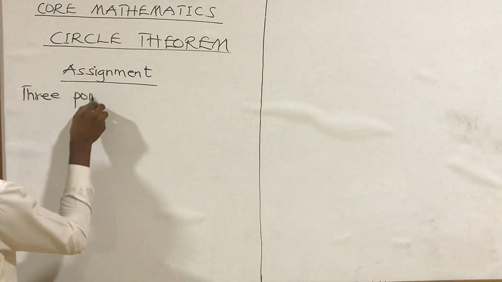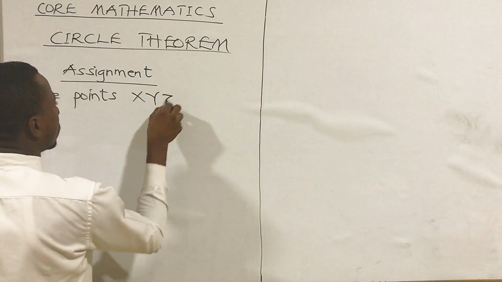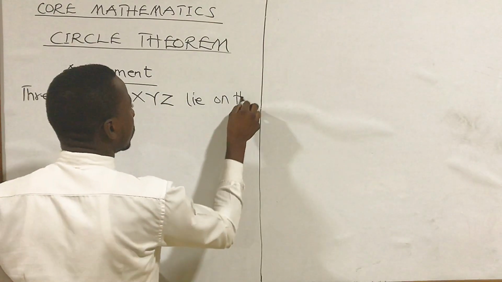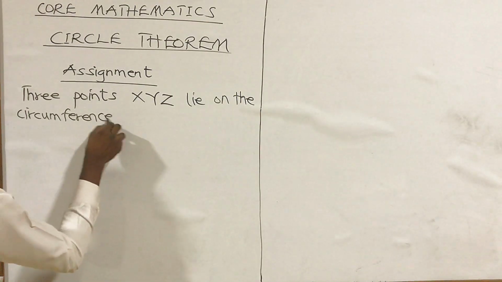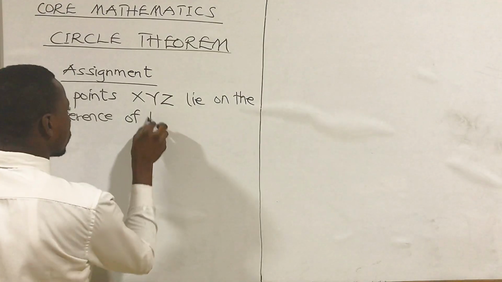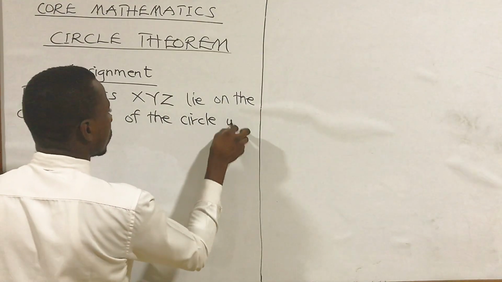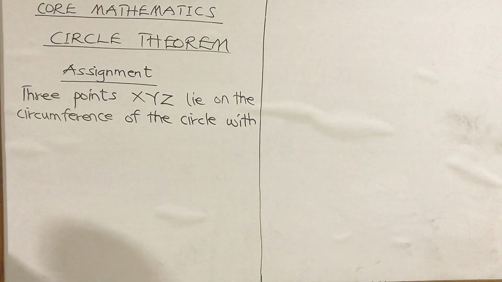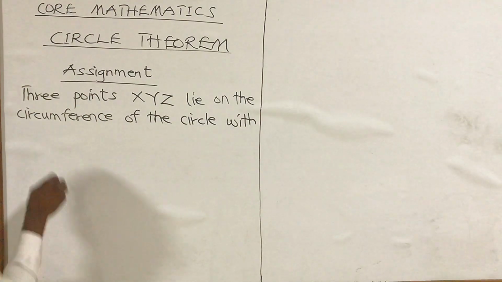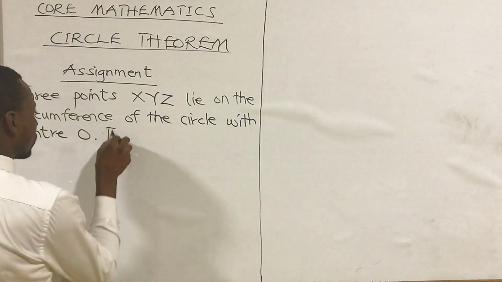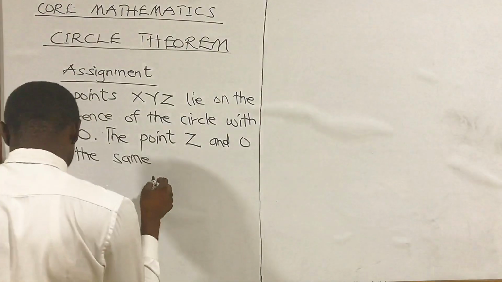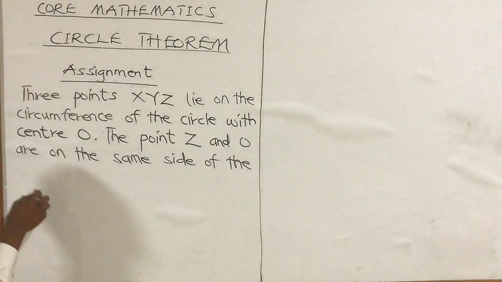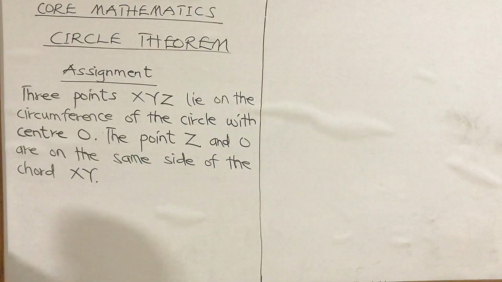3 points XYZ lie on the circumference of the circle with center O. So the points Z and O are on the same side of the chord XY.